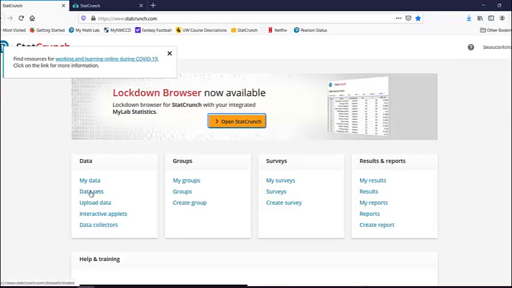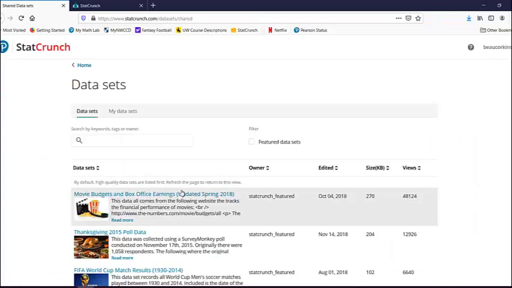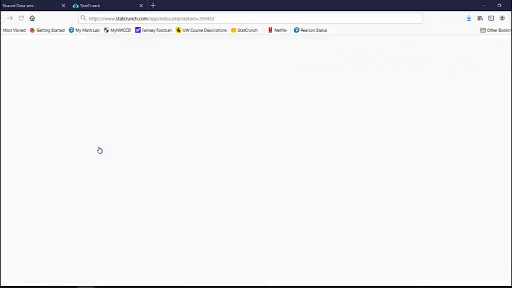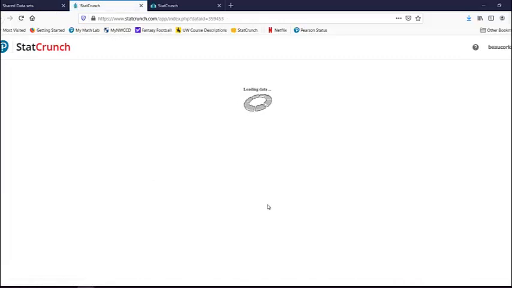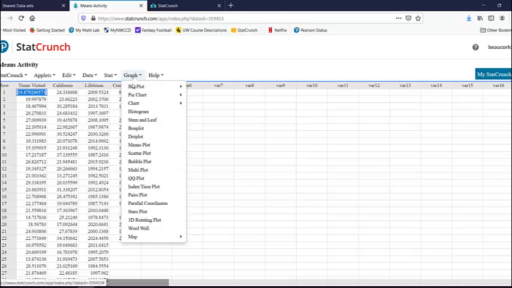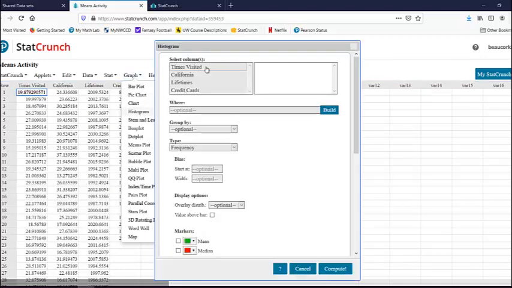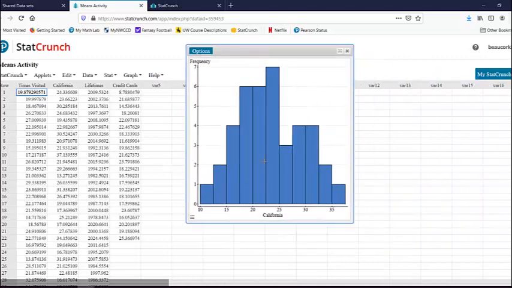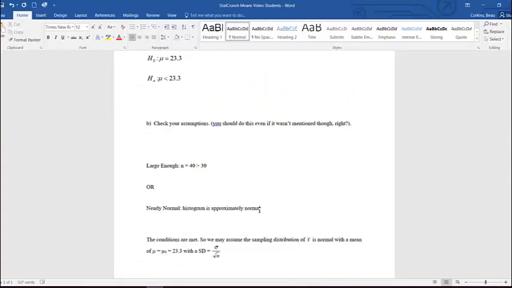We need to go to our data sets and search for Bo Corkins, means activity, right there. It's the California column. I'm going to make a histogram, and that looks pretty unimodal and symmetric. Not perfect, but pretty unimodal and symmetric.